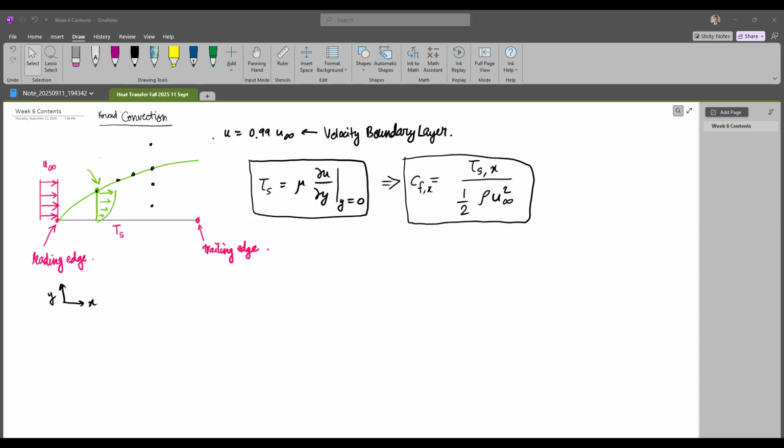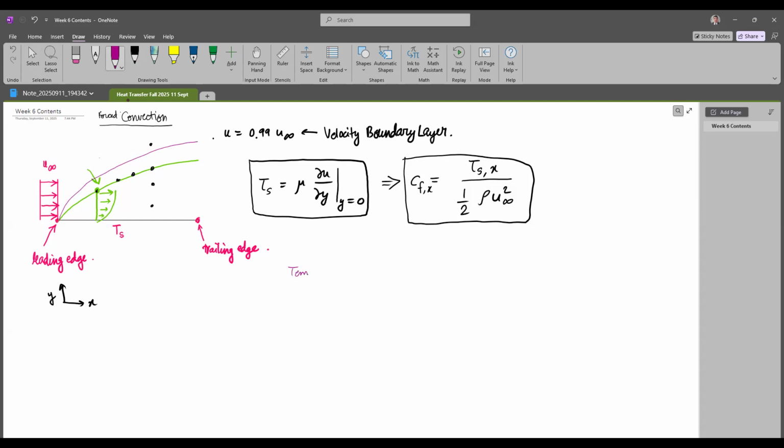So what else do we have? Similarly, there is the temperature boundary layer as well. So let's maybe draw that using this pen. I'm going to draw it further on the top. So let this be the temperature boundary layer. How is this temperature boundary layer defined?